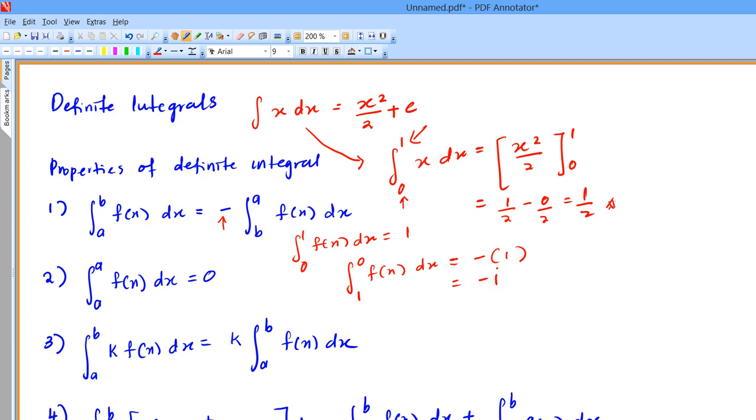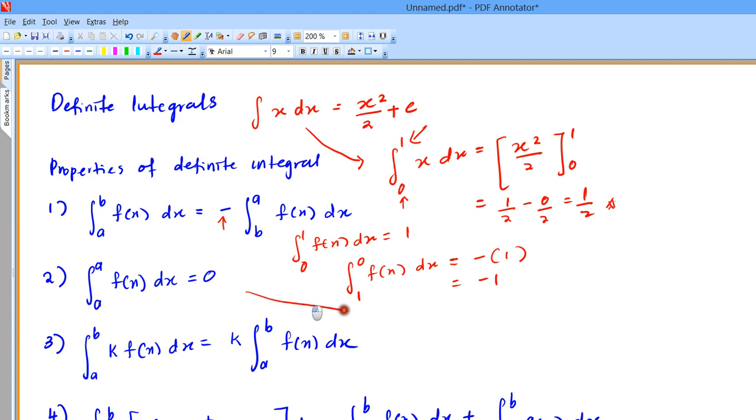Okay, number 2, if we have integral of f(x) dx from a to a, means lower and upper limit is the same value, so the solution is equal to 0. Okay, why equal to 0?